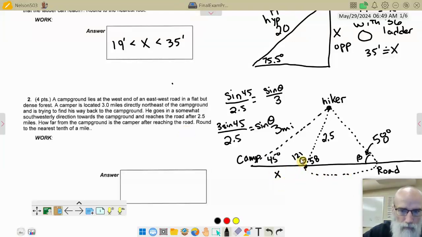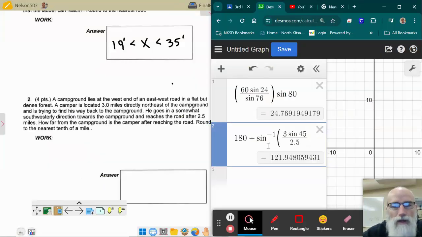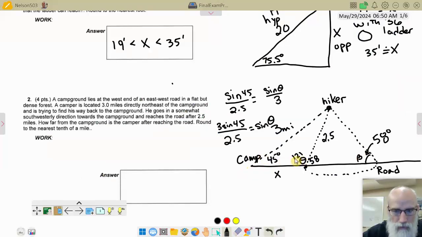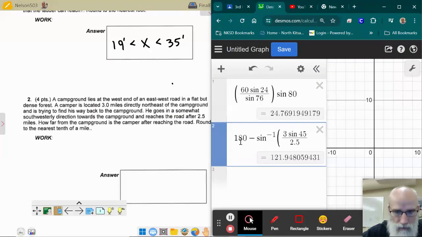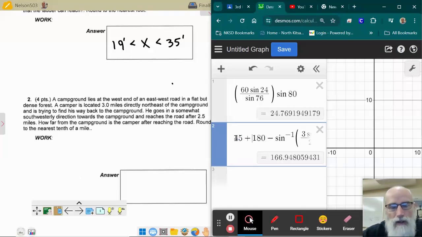So once I get 121 here and I got 45 here, then I'd want to find this angle right up here, right? I'd want to find the angle that's across from X. You see how this one's way tougher than the other one. So how do I do that? Well, I add 45 to this number right here. So let's put down 45 plus, and then that's the two angles added together, right?